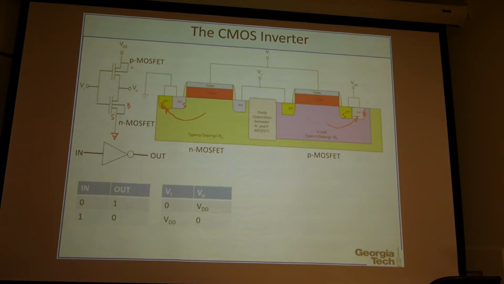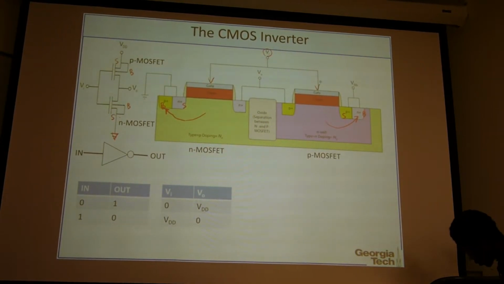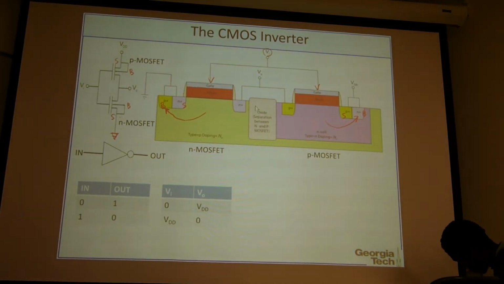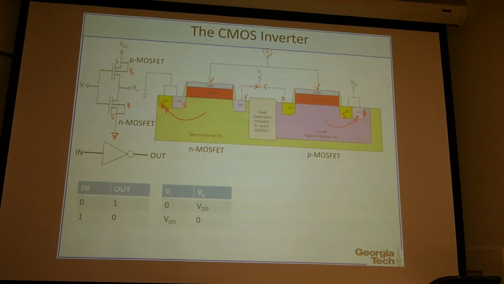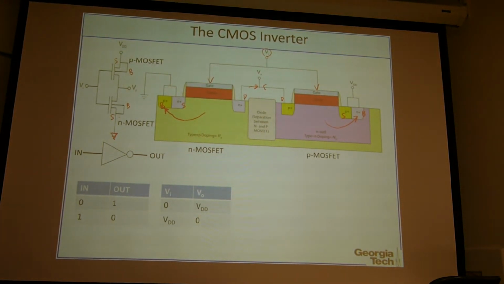So here in the symbol, you will have the B and the S connected together to the VDD for the PMOS. And then the input voltage is applied simultaneously to the gate of NMOS and PMOS, and the output voltage is coming from the drain of the PMOS and NMOS together. So that's a connection. Any questions?